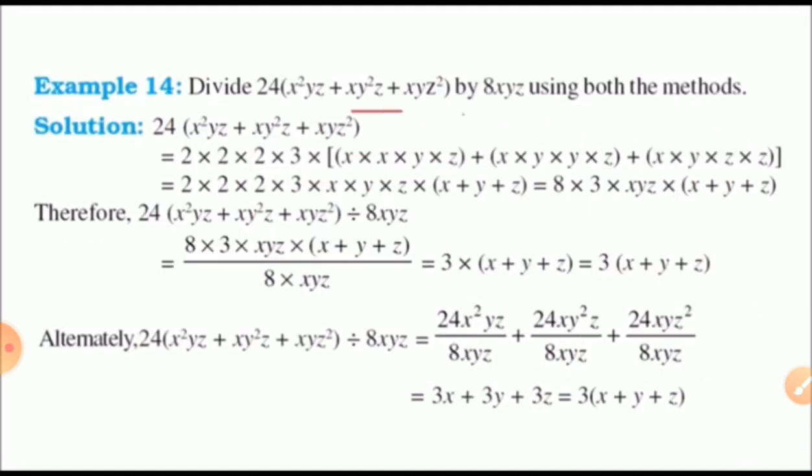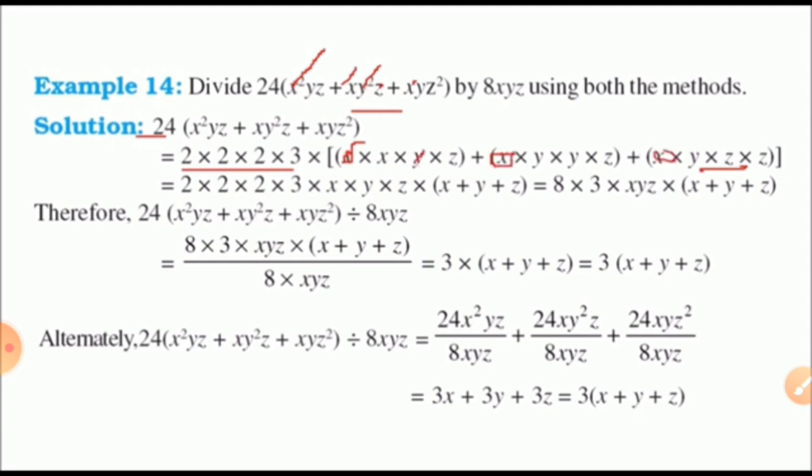You can follow it. Example number 14, divide 24x square yz plus xy square z plus xyz square by 8xyz using both the methods, directly, or you can take out term by term. The final answer remains the same, 3x plus y plus z. 3 into x plus y plus z will be the final answer.